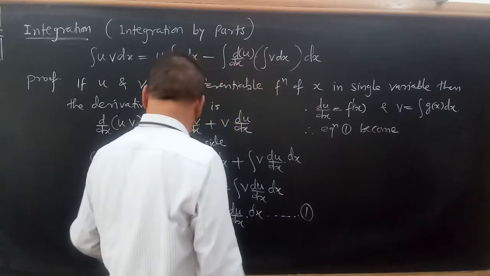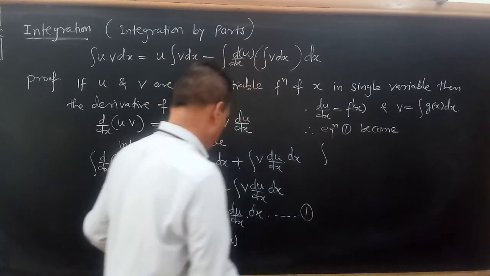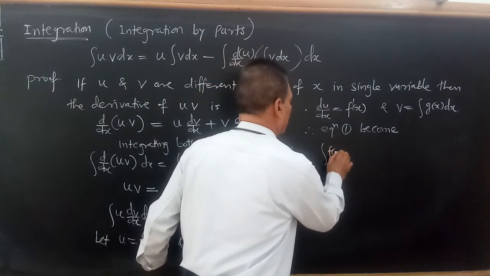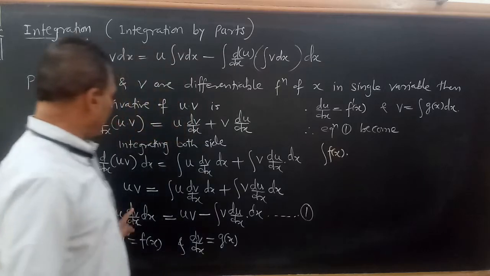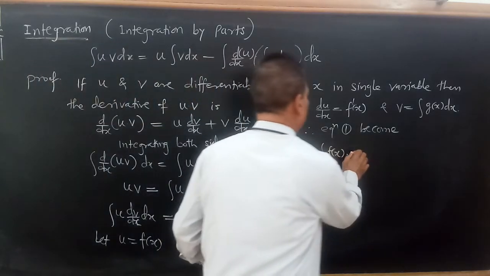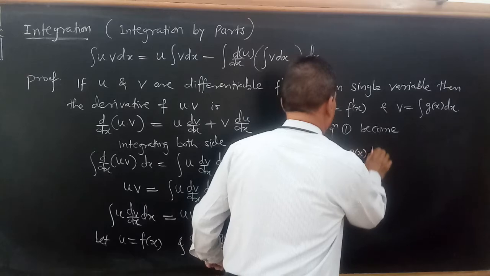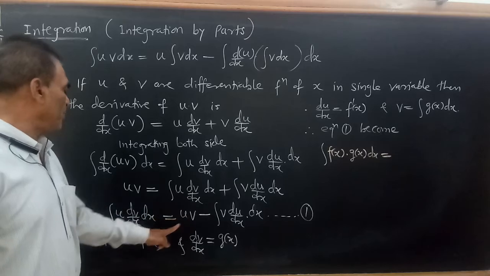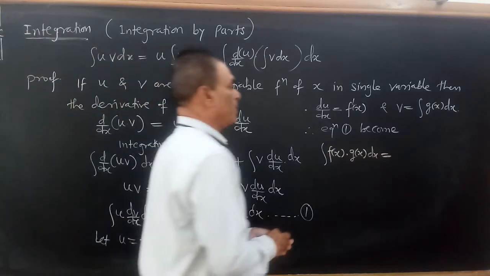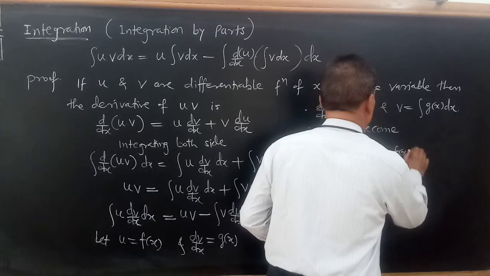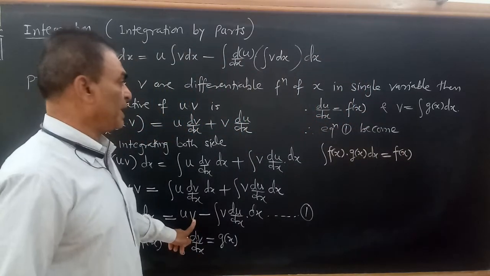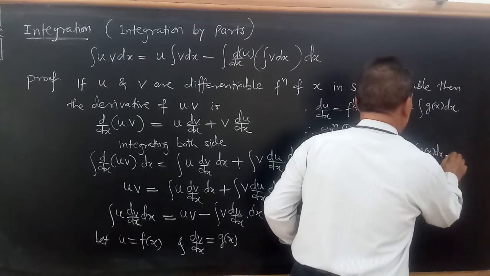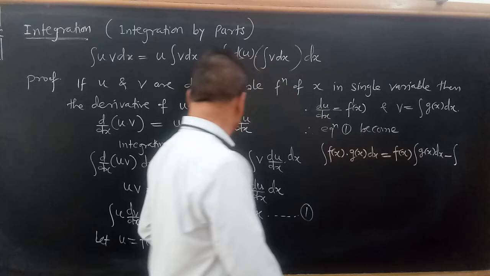Equation 1 becomes, in the left hand side, integration of what is the value of u? u is nothing but f of x, into dv by dx, which is nothing but g of x, into dx, is equal to what? u into v. What is the value of u? u is nothing but f of x. First function kept as it is, f of x, and v is nothing but integration of g of x dx, minus integration of v.